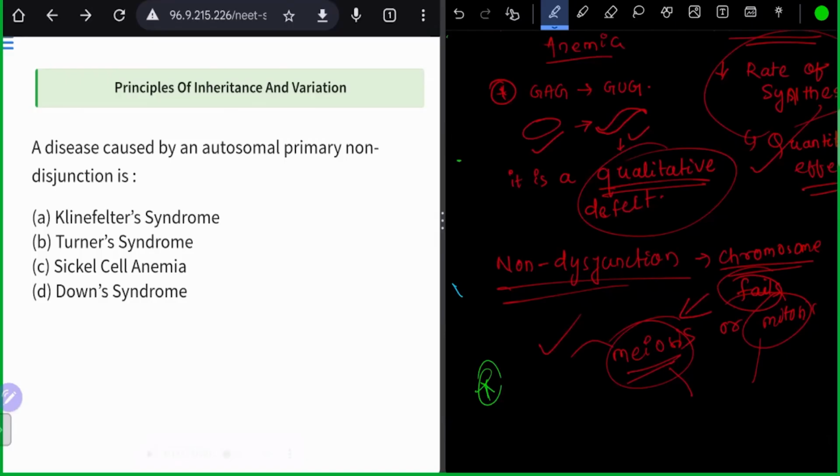In Turner syndrome, there is an absence of an X chromosome. Sickle cell anemia is due to mutations. But in Down syndrome, there is an extra copy of chromosome number 21. You can also remember that it was first described by Langdon Down in 1866. So the answer will be Down syndrome.